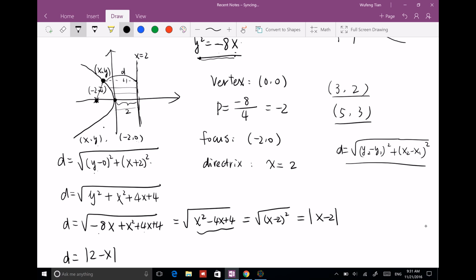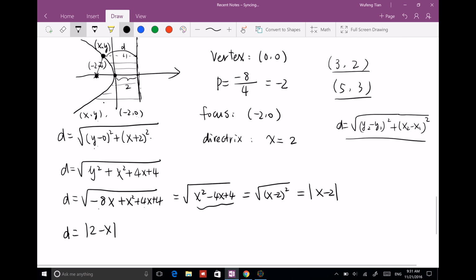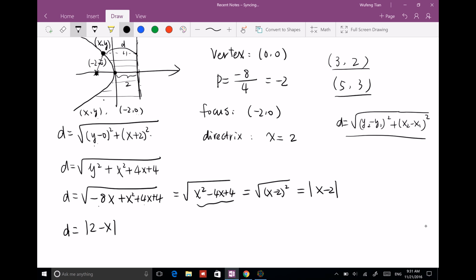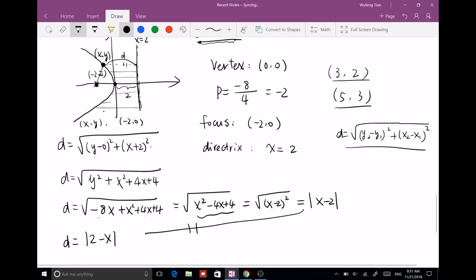From this point to this is always horizontal, just a difference of x values, so it's 2 minus x. x minus 2 and 2 minus x, they are exactly the same thing. So that's why a point on the parabola has the same distance to the focus point and to the directrix. That's one of the properties of the parabola.